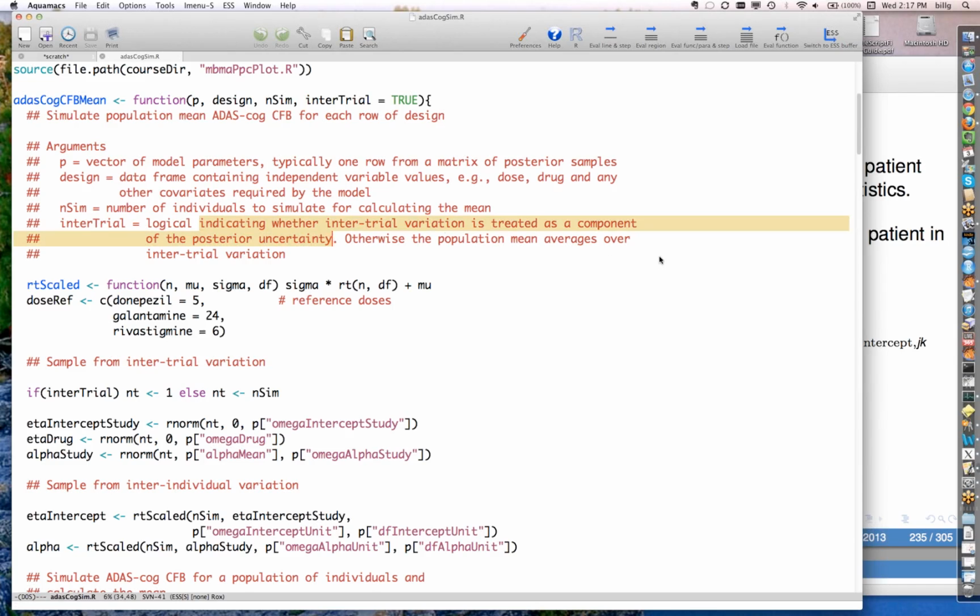So that would indicate that we're treating the intertrial variation as a component of the posterior uncertainty. Whereas if it's false, it just averages the intertrial variability into the overall mean. So you end up taking a mean over the whole thing. Net result is that if it's true, you will tend to get wider prediction intervals than if it's false. Okay, so those are the components here.